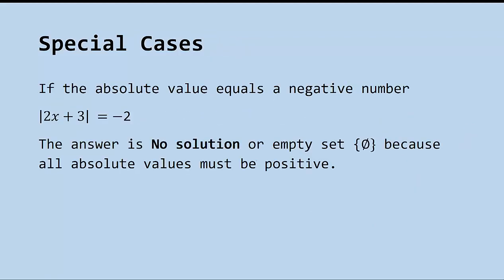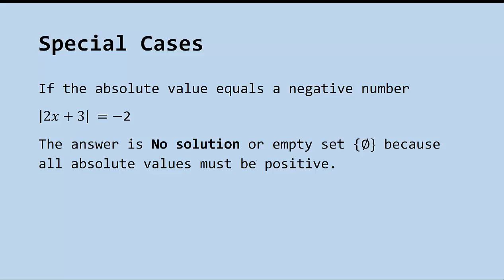We do have a couple of special cases. Take a look at this equation. The absolute value of 2x plus 3 is equal to negative 2. So we have an absolute value that's equal to a negative number. Well, since we've just said that all absolute values have to be the positive distance from 0, then it's impossible for us to get the absolute value to come out as a negative number.